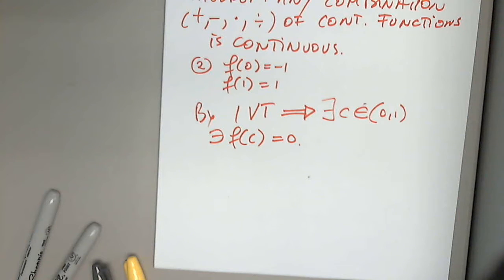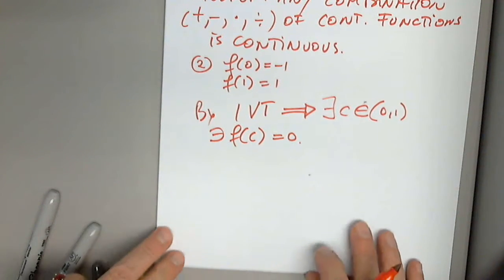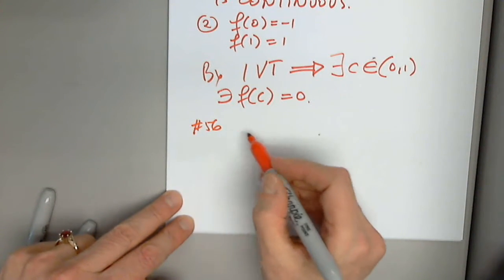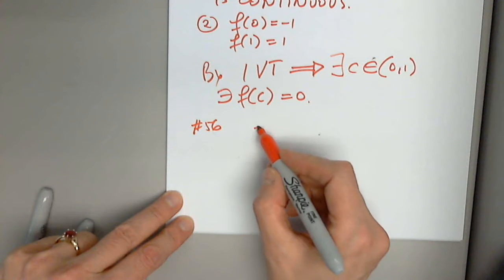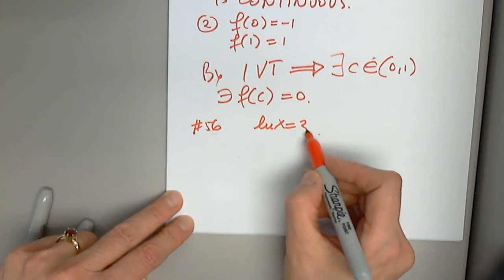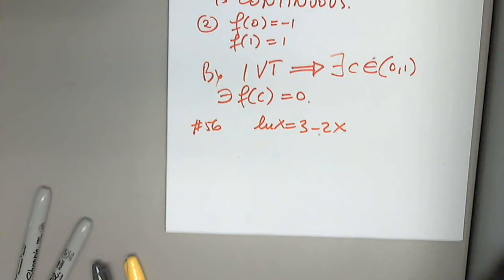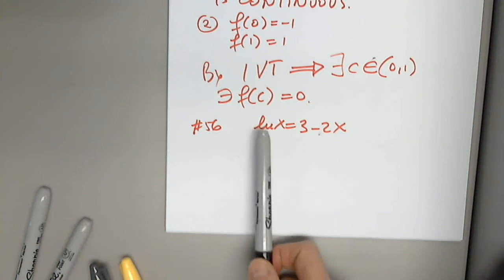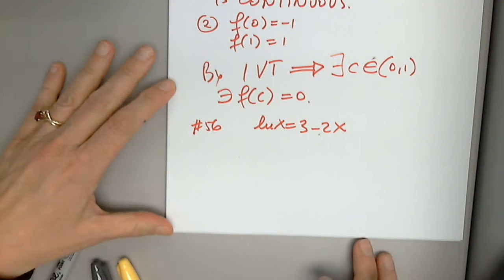So I like to also work on 56. Natural log x equals 3 minus 2x. We had a list of 3 functions last time. I would like to graph them again and add natural log to it.